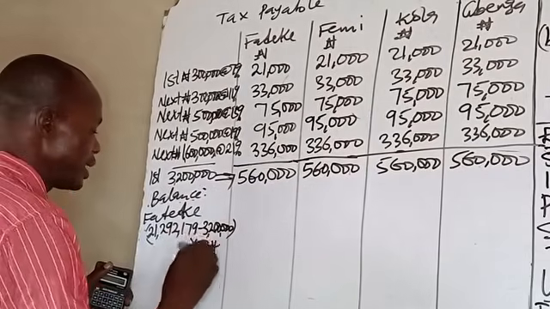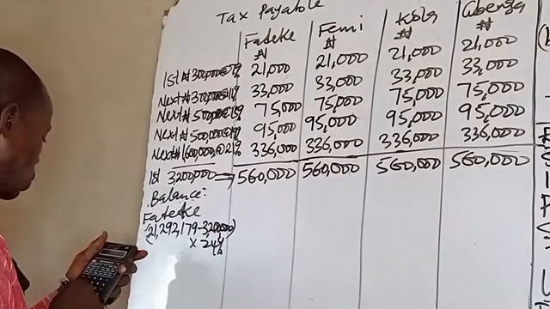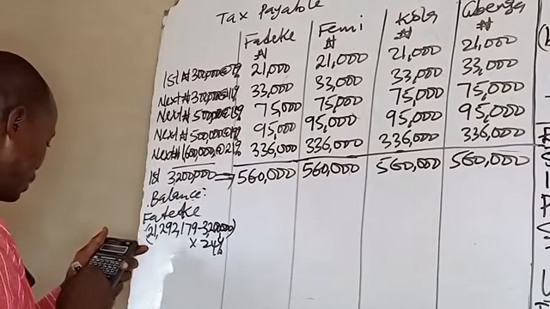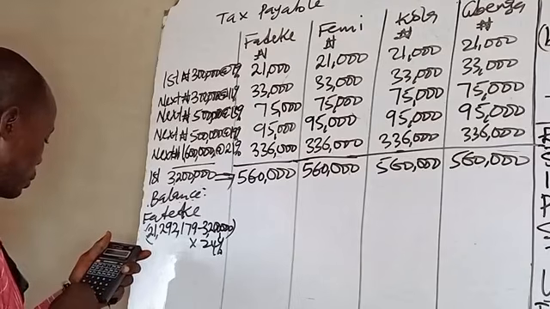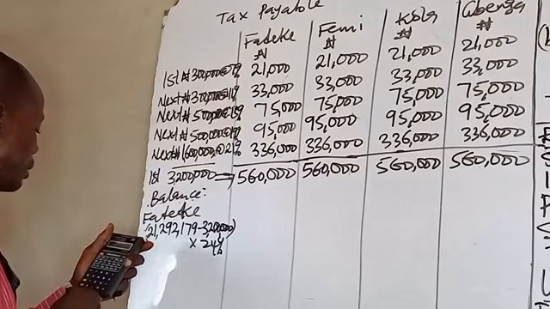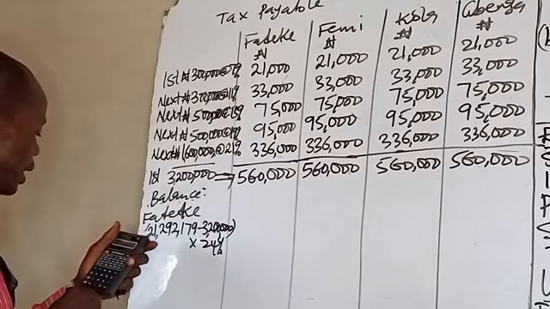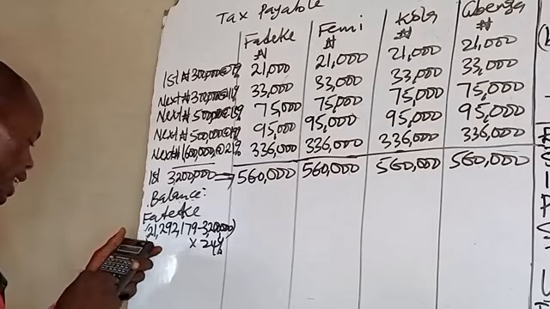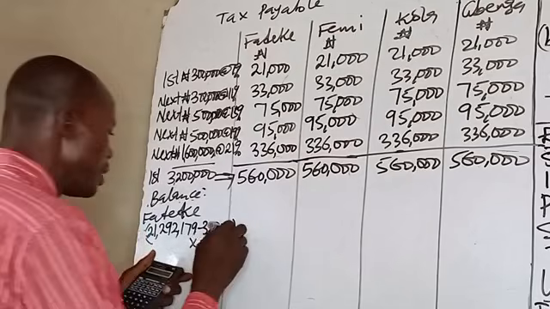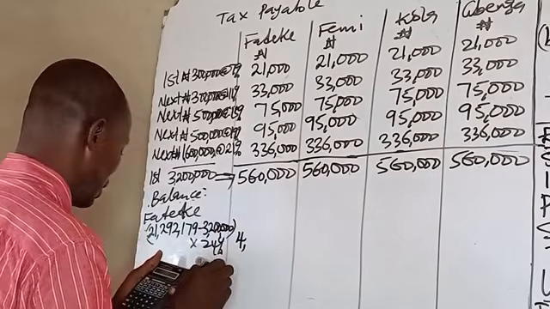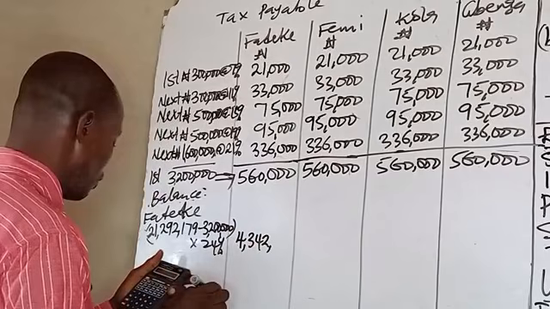Let's subtract 21,292,179 minus 3.2 million. We are left with 18,092,179. 24% of that gives us 4,342,123.